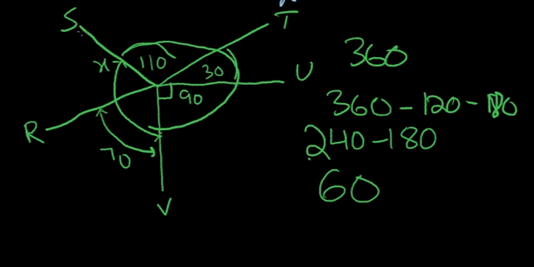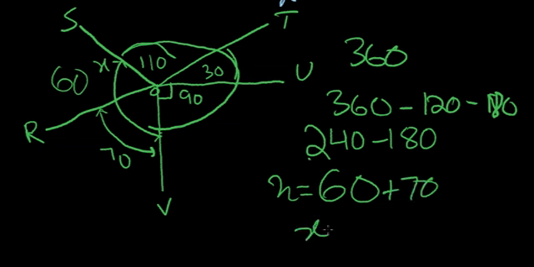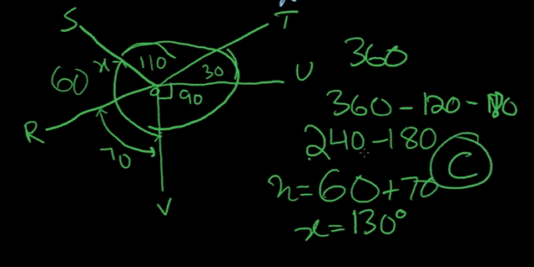So the value of angle SOR, let's call this O, is 60, but the value of x extends from SOR to ROV. So x is going to be 60 plus 70, so x equals 130 degrees. That's choice C. It's pretty easy. Oh, I forgot to get the number. There we go.